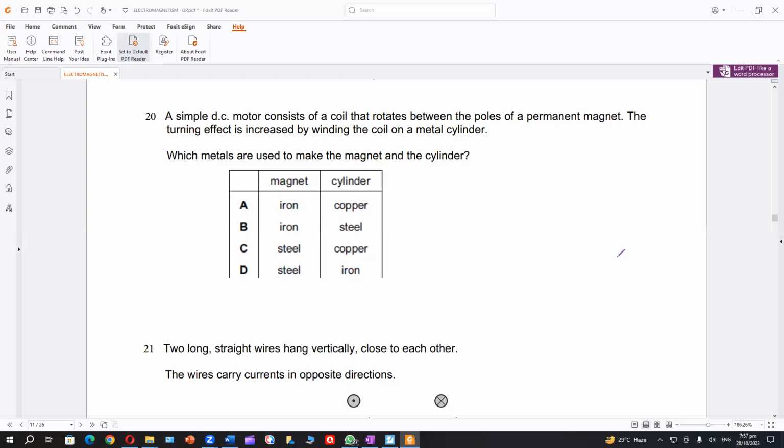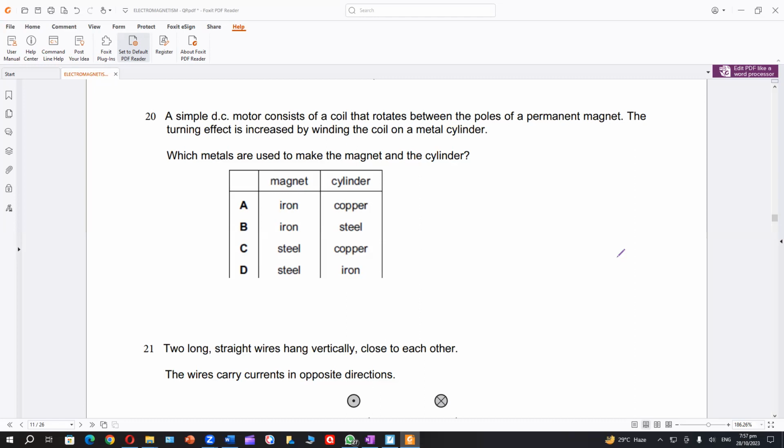So now tell me, what answer do you suggest for number 20? Cylinder should be of iron or steel.